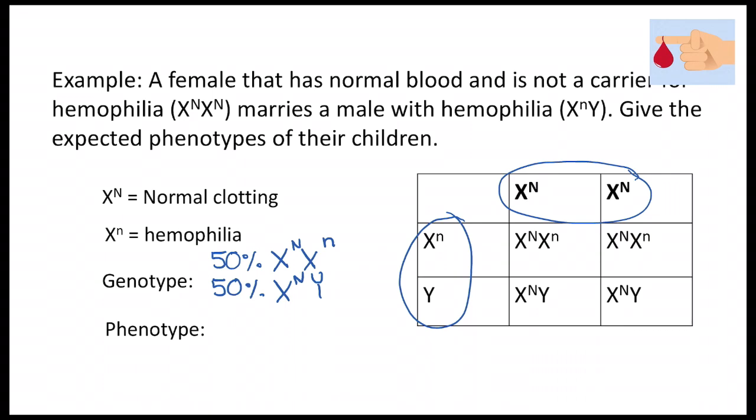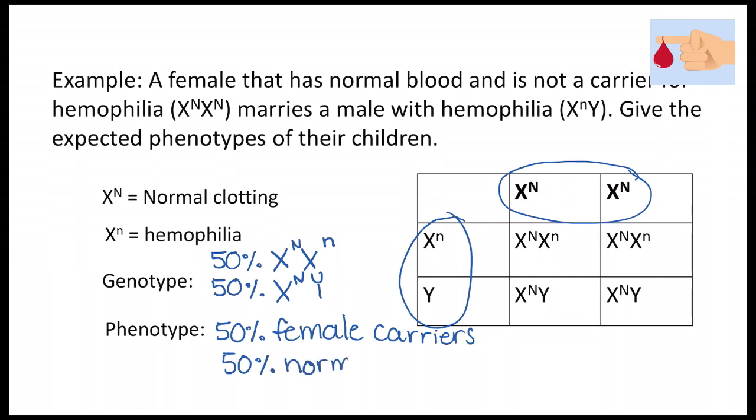So the phenotype then is 50% female carriers, meaning they have the allele, but they're not expressing the hemophilia disease, and 50% normal males, which means that 100% are without hemophilia.